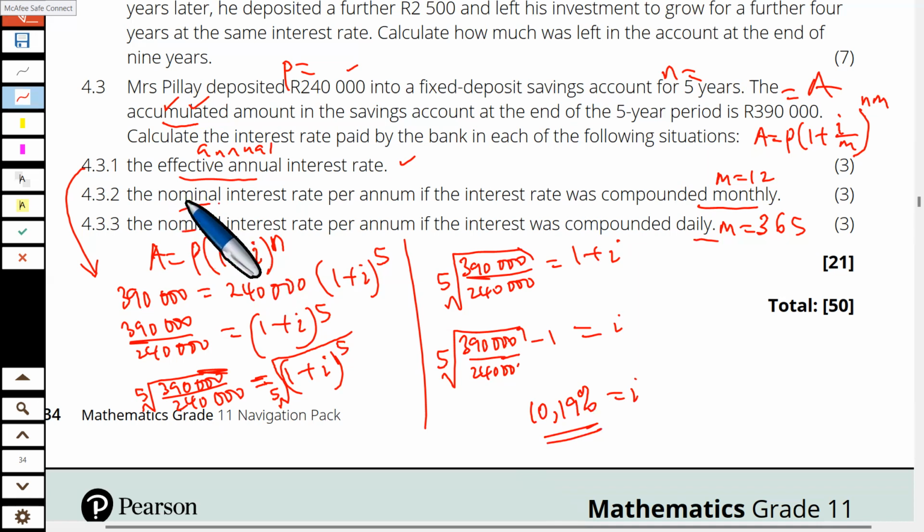Now, if they say calculate the nominal interest rates, okay, so this one's 4.3.2, the nominal interest rate compounded monthly. Please try the nominal interest rate and tell me the answer in 4.3.2. I'm giving you like 3 minutes because it's 3 marks.